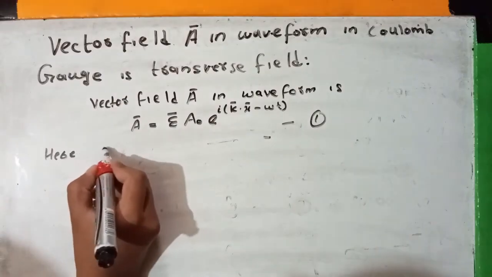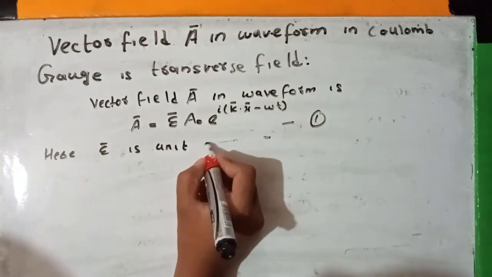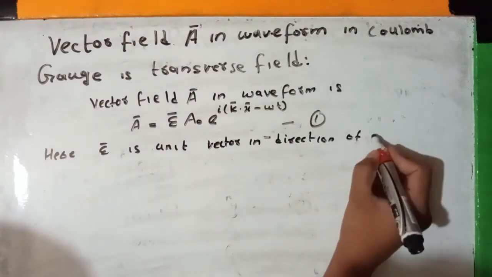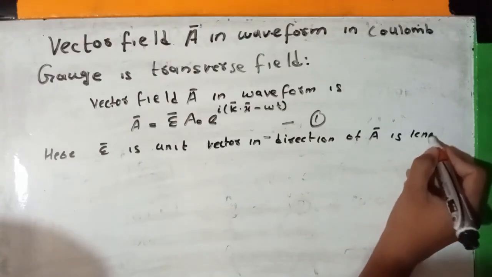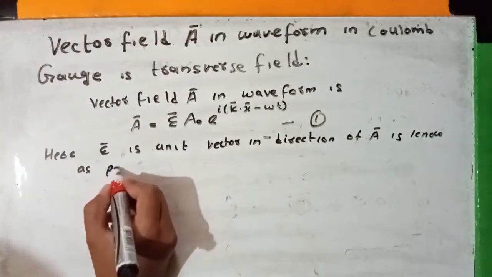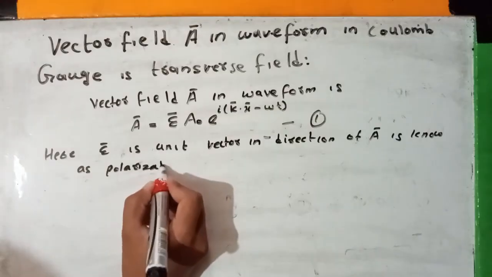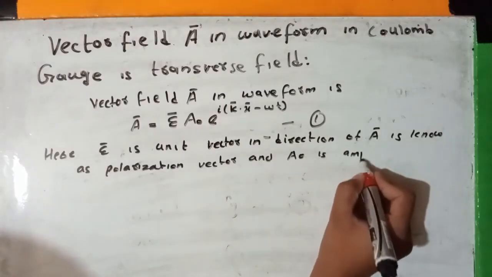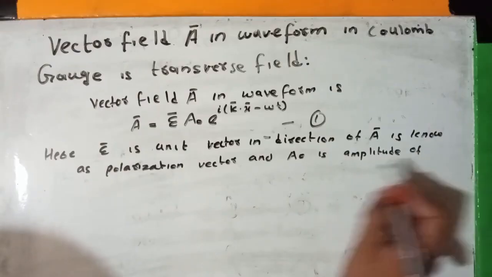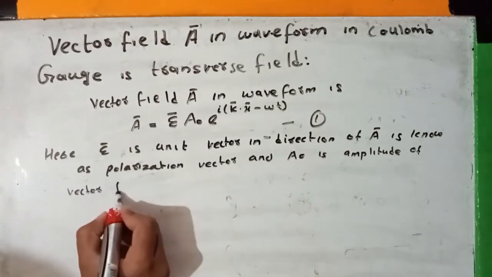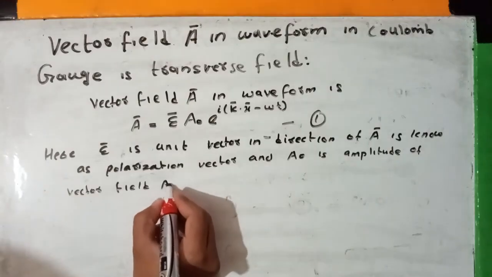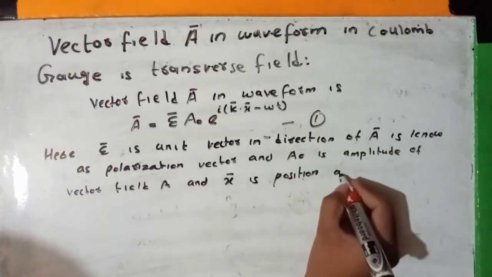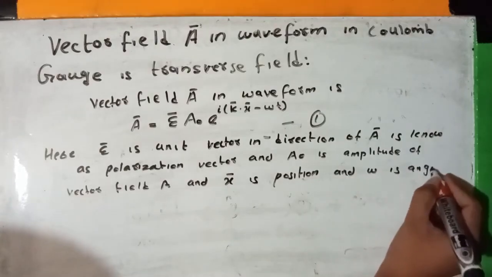Here epsilon is the unit vector in the direction of A, also known as the polarization vector, and A naught is the amplitude of vector field A, and x is the position, and omega is the angular frequency.